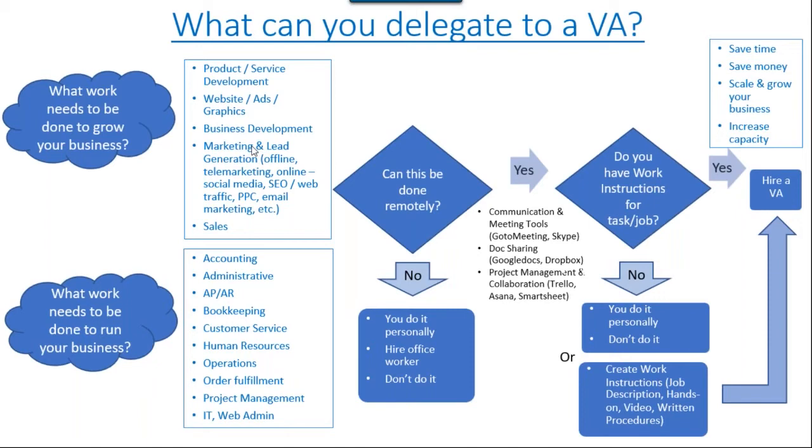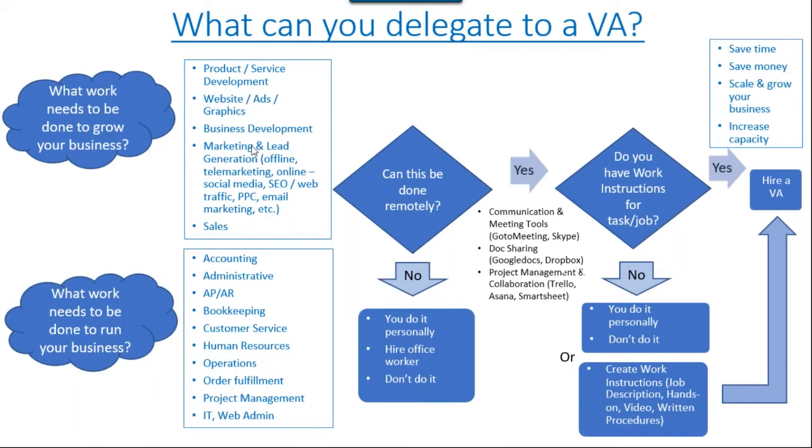Then the other piece is more on the administrative or operational side. So the accounting, administrative, somebody to answer your phones, input information into a database, accounts payable, accounts receivable, bookkeeping, all the profit and loss statements, customer service, who answers your phone when somebody's interested in your products or services, who follows up if there's any issues.